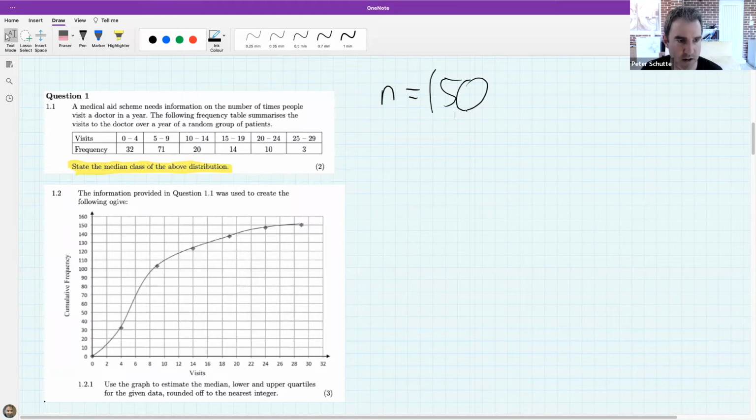That might help you as you try to work out the median class. I suppose I could have looked at the ogive too, because the ogive is in line with 150. At least I know that I'm right. If there are any questions about how to find the median class, please let us know.